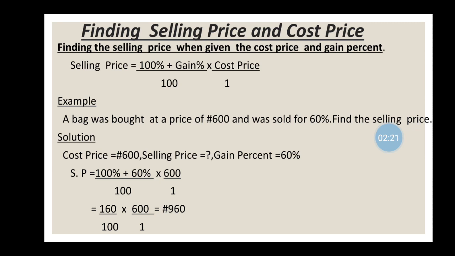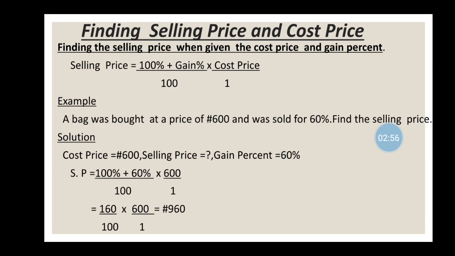It can be in 4 ways. One is finding the selling price when given the cost price and gain percent. Two is finding the selling price when given the cost price and loss percent.